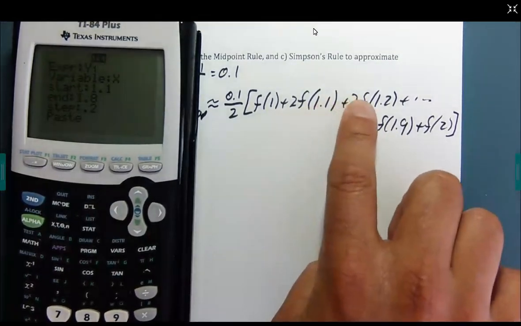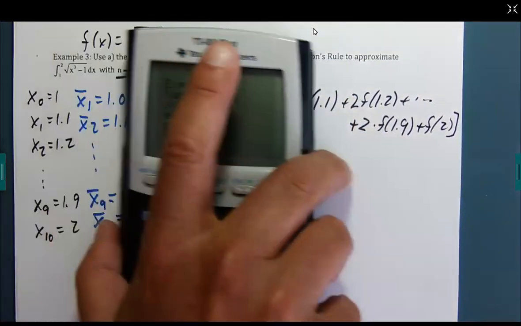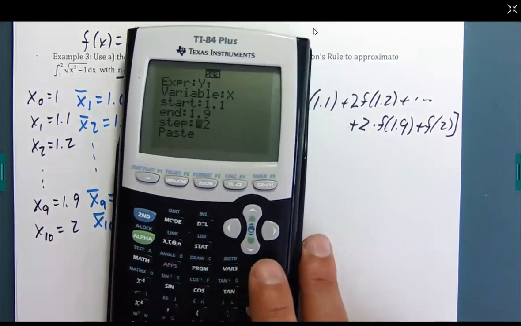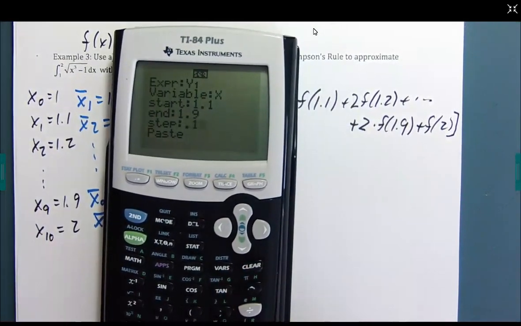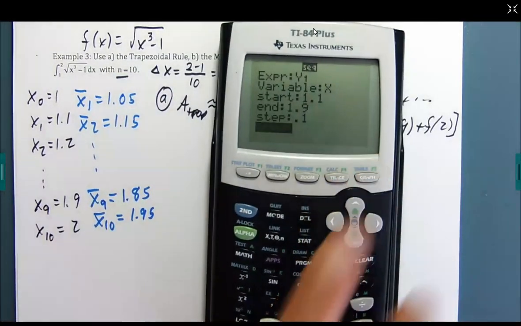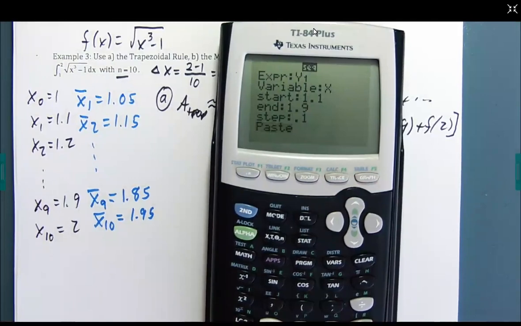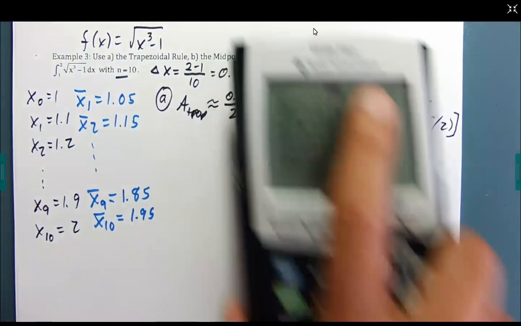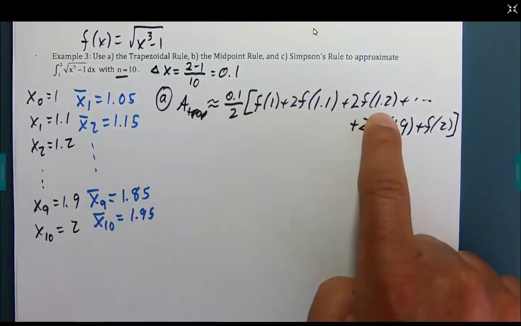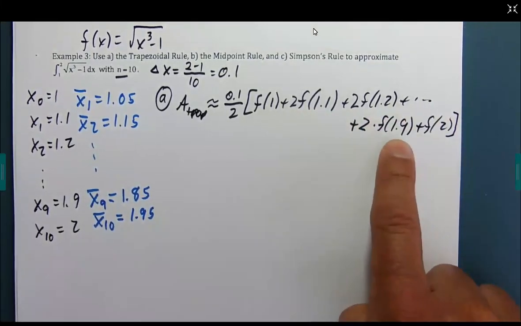Now, these are only the ones that have the 2 multiplied to them. The step size is still 0.1. Right, that's our delta x. Let me just show that to you. And what that's going to do is add up, without the 2, f of 1.1 plus f of 1.2 plus f of 1.3 all the way through f of 1.9.